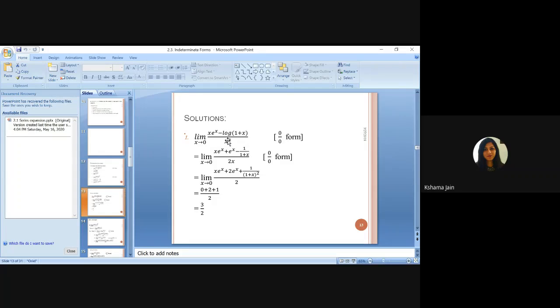So x square differentiates directly to 2x. And in the numerator, x into e^x, first function into second function: x into e^x plus, differentiating x, which is 1, so e^x, minus the derivative of log(1 plus x), which is 1 by (1 plus x).